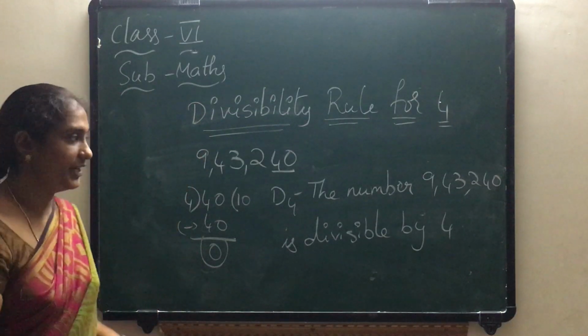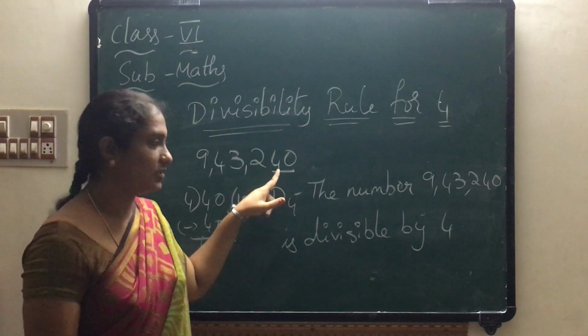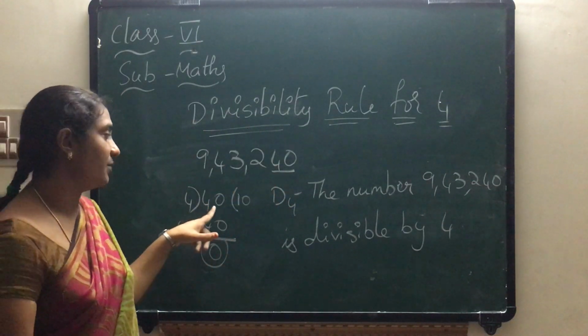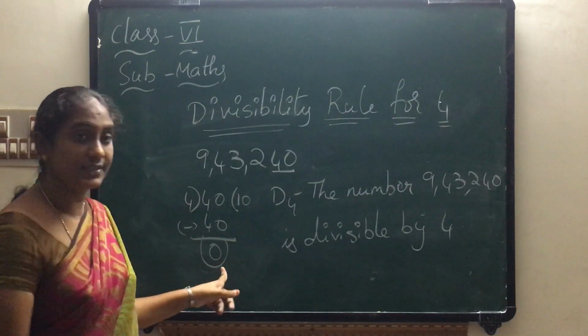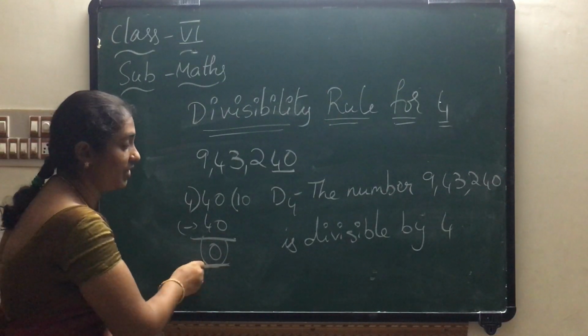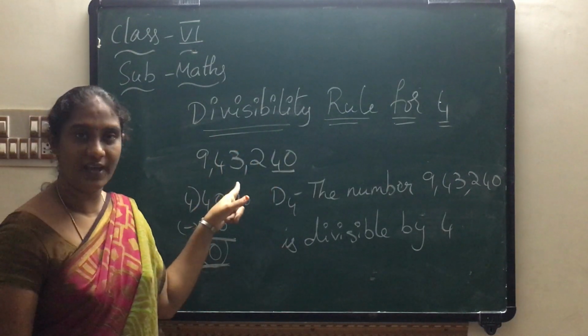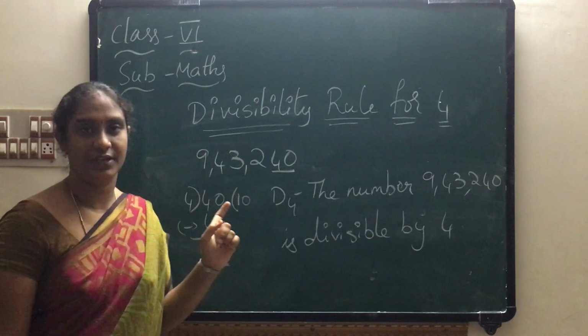Okay children, do you understand? See, here you got 40. So 40 we are getting in the 4 table. In the 4 table, 40 is 10 times. So we got 0 remainder. So the total number is also divisible by 4. Okay children, I think do you understand?